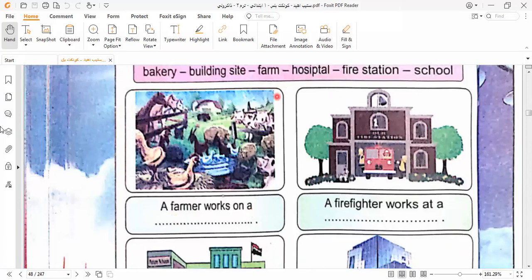So I will select farm. A firefighter works at a fire station. It's a fire station. Okay. Let's go to another one.